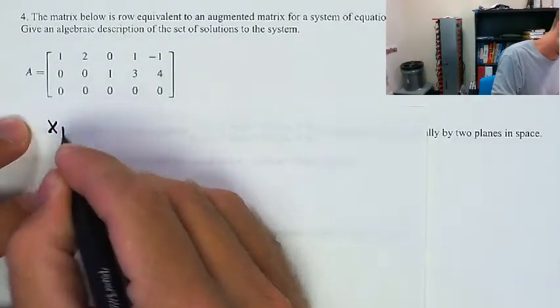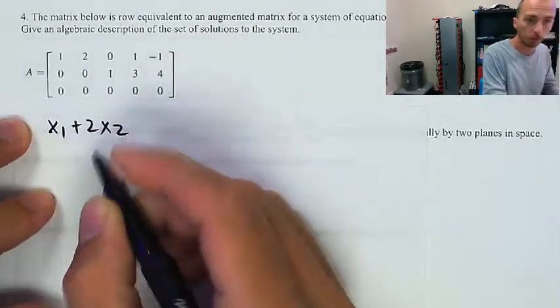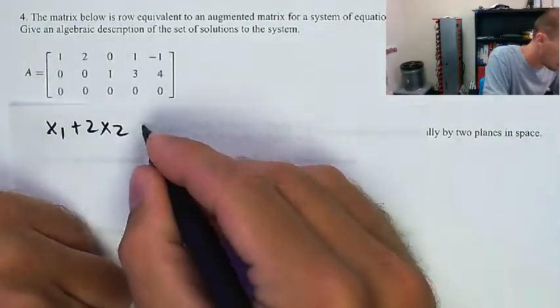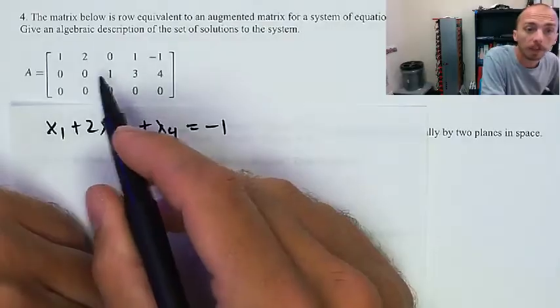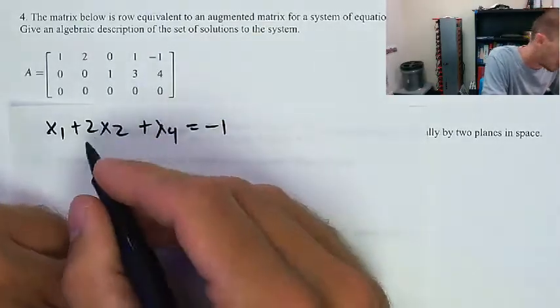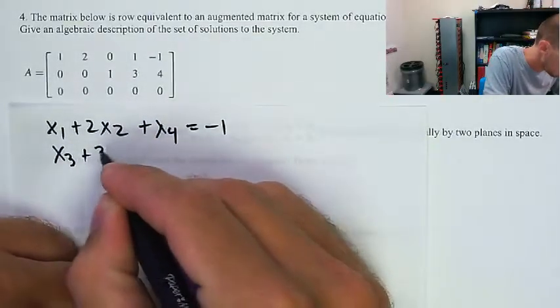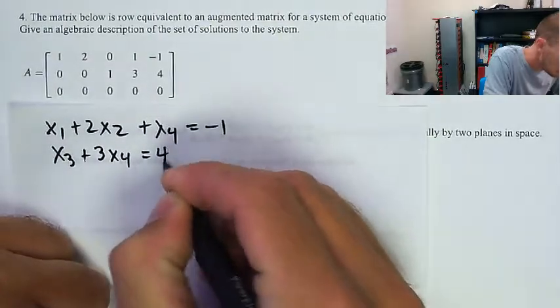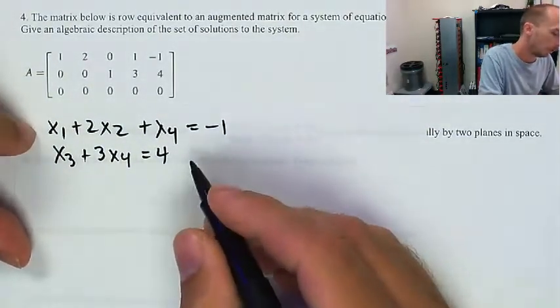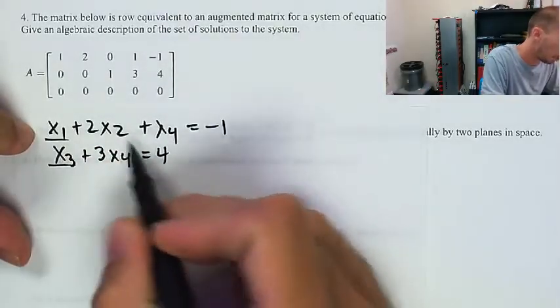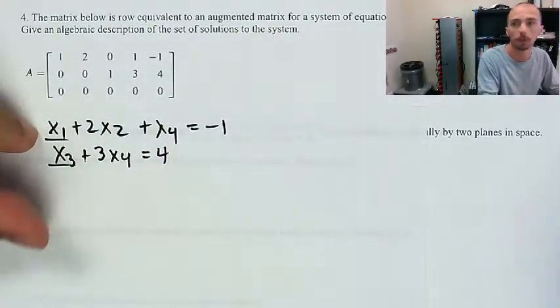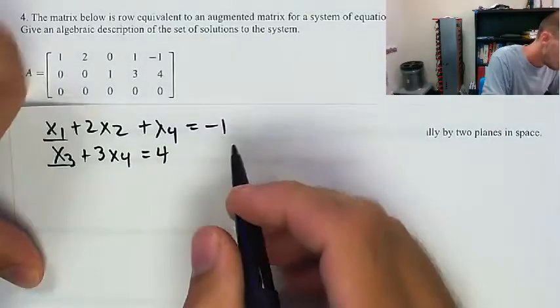Okay, so I've got x1 plus 2x2 plus 0x3 plus 1x4 equal to negative 1. And then I'll have 1x3 plus 3x4 equaling 4. Okay, and so what I'm going to do is I'm going to say, well, it looks like I can solve for x1 and x3 in terms of x2 and x4, and those are just going to have to be my free variables.